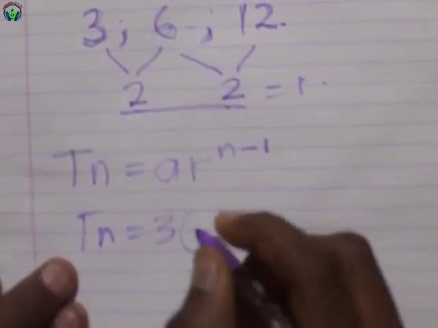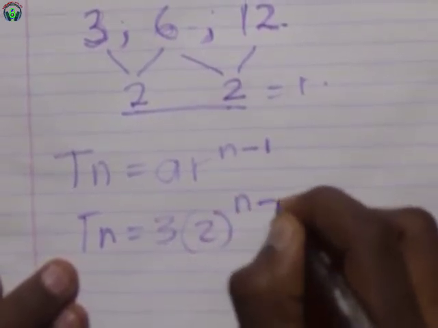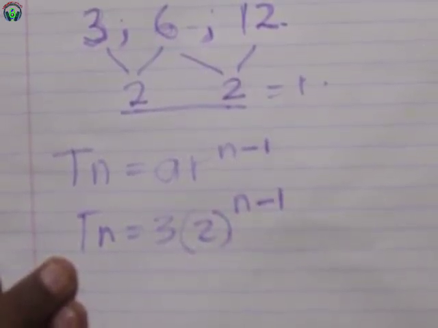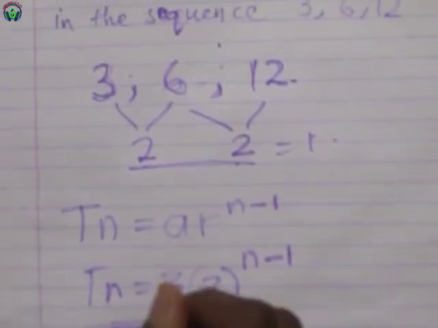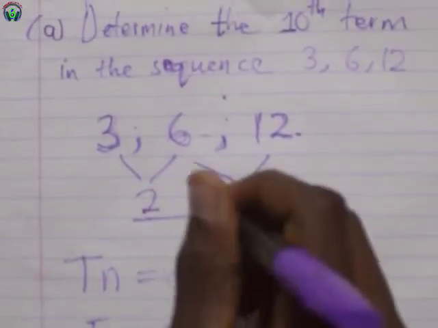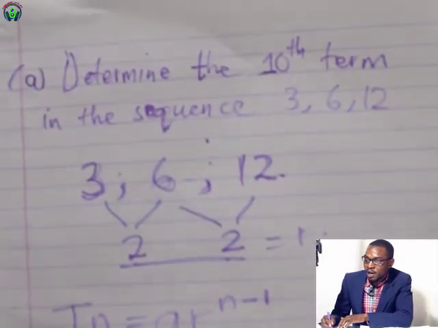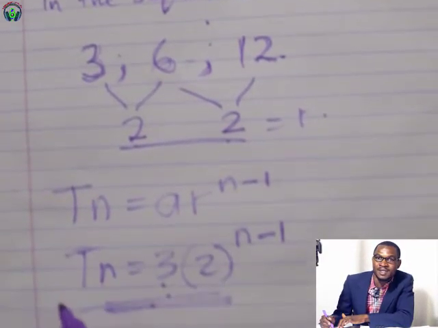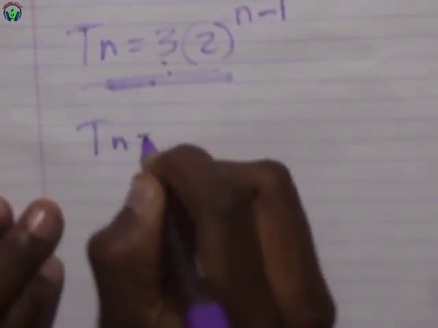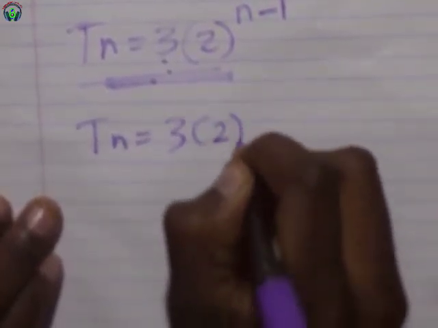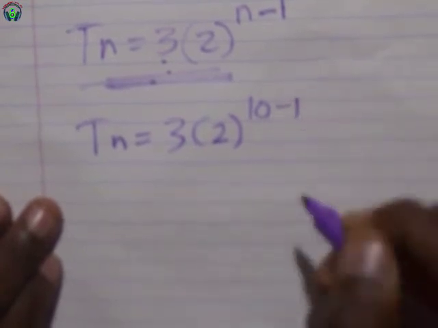Our common ratio r is 2, then to the power n minus 1. This is the formula for this particular sequence. Now, we are asked to find the 10th term in the sequence. So we have to replace n by 10 because that's what we want.